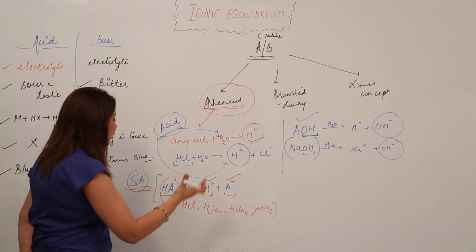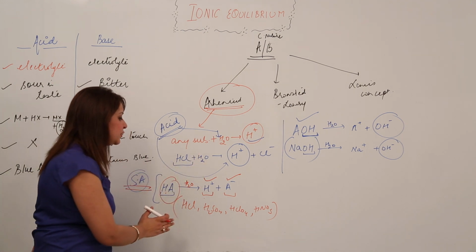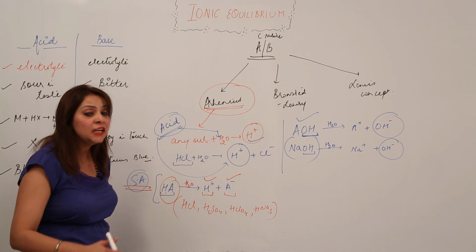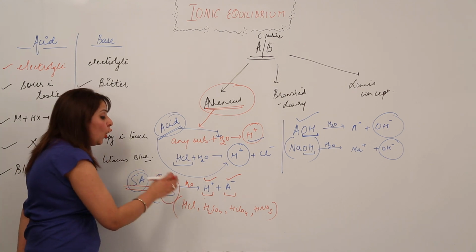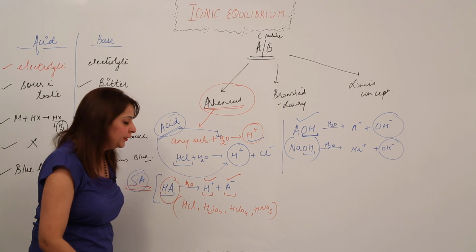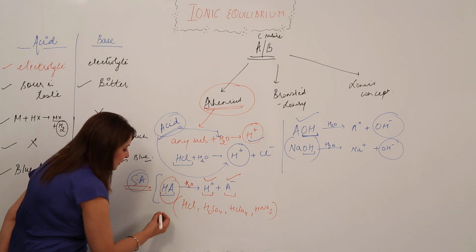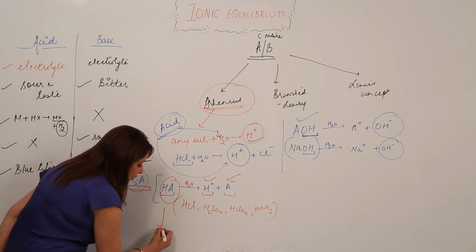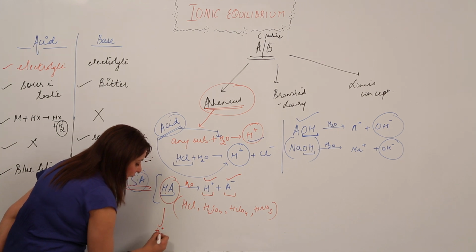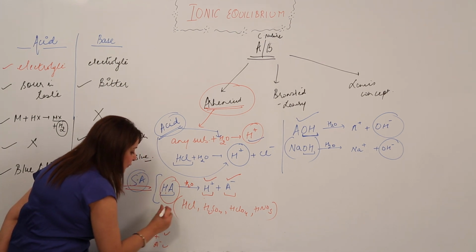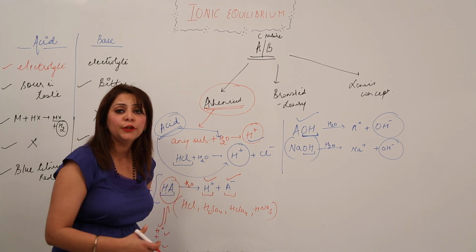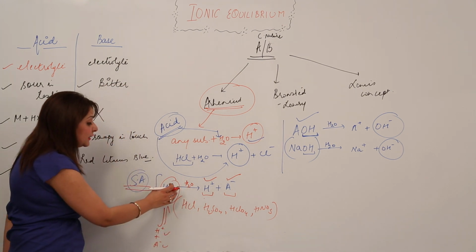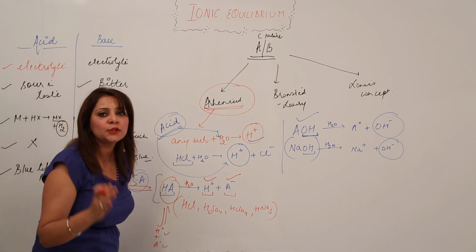So he said that those acids which completely dissociate are called strong acids. There don't exist any unionized molecules, all are present in the ionic form, right. And those acids which dissociate to form ions, but where we are also able to see the unionized molecule present in the water, that means this molecule gets partially dissociated.